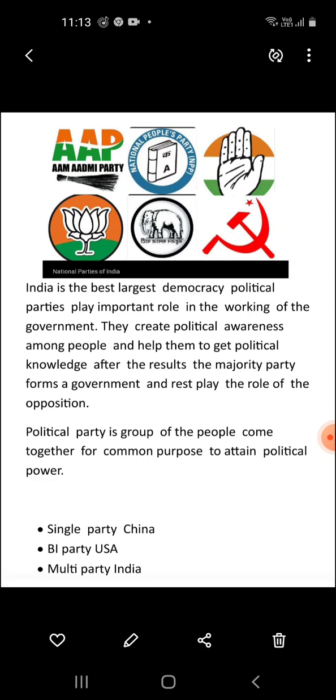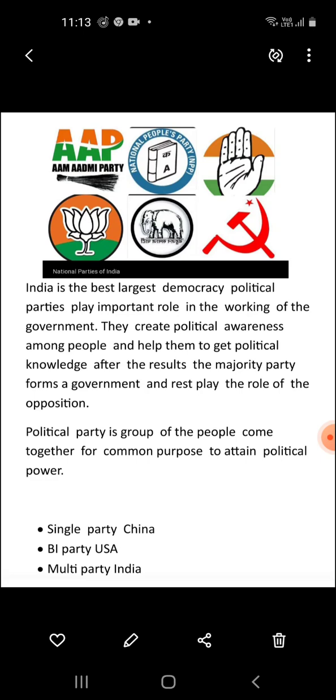Now, let's see what is the political party. Because election, voting and political party, all these three elements are interdependent. India is the largest democracy. Political parties play an important role in the working of the government.